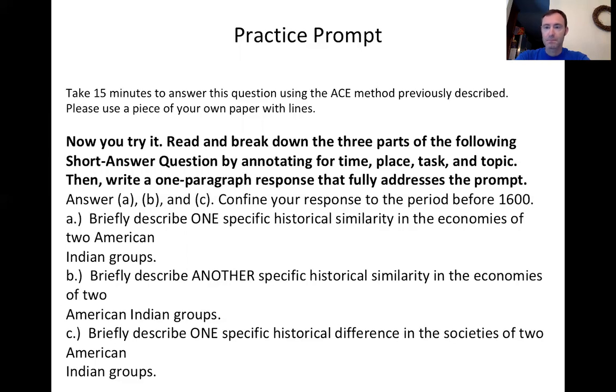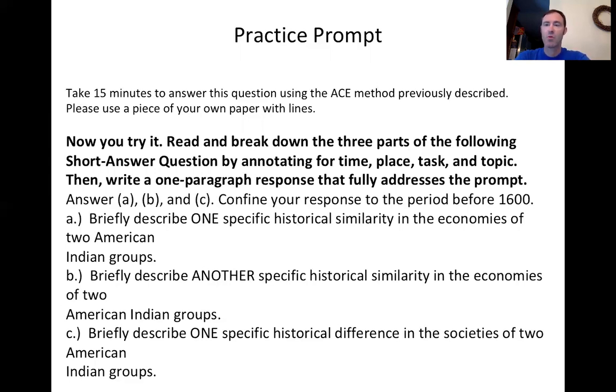Now, I'm going to give you a little bit of guidance on this. If you're thinking, okay, I'm just going to compare the Aztecs and the Incas, that's not really what this question is wanting you to do. This question is really wanting you to focus your attention more on the Native American Indian tribes that we would have seen in the northern part of North America.